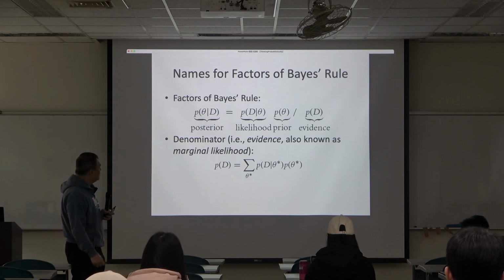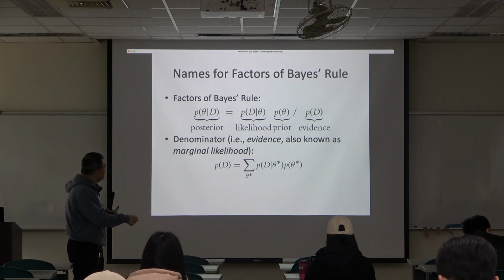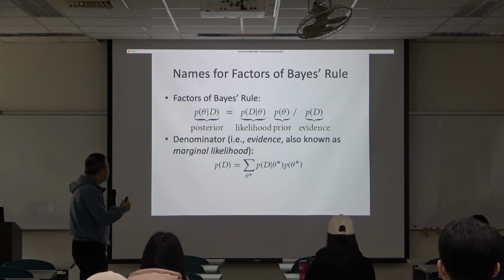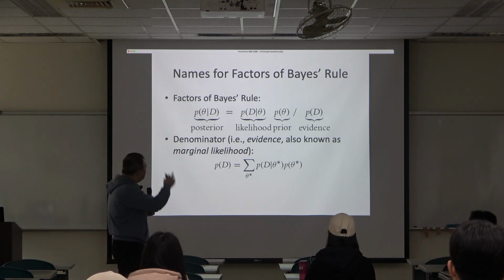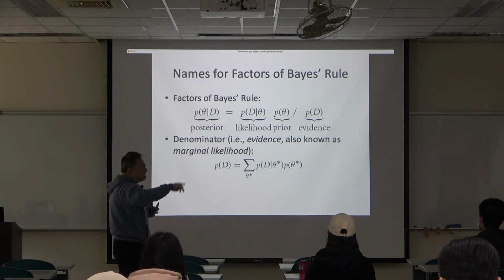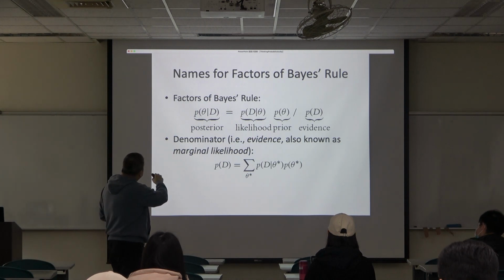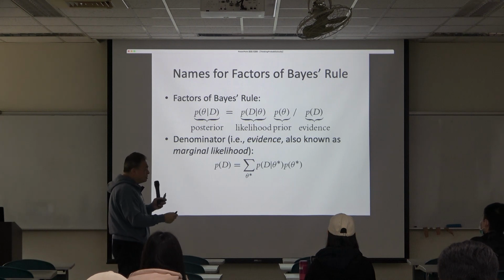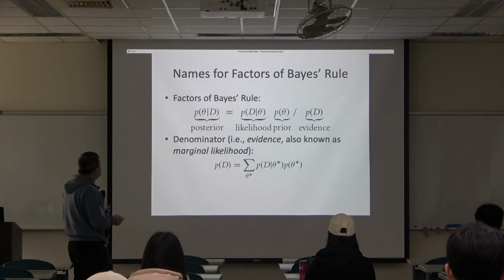So on the right hand side, you only see a certain D on condition of theta. On the other side, you see theta on condition of D. This switching is much more important than you may think.